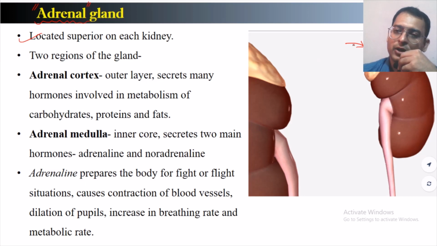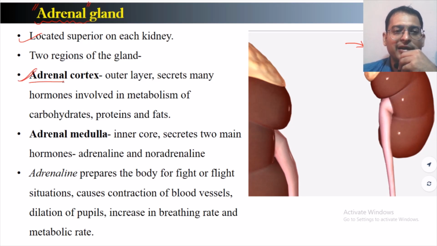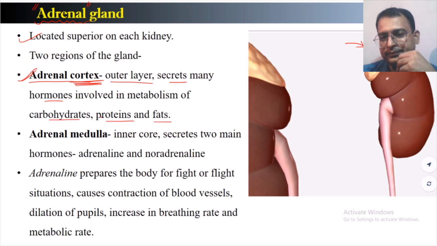If you take a cross section of this adrenal gland, we find that there are two layers. The outer layer is known as the adrenal cortex. It secretes many hormones involved in the metabolism of carbohydrates, proteins and fats.